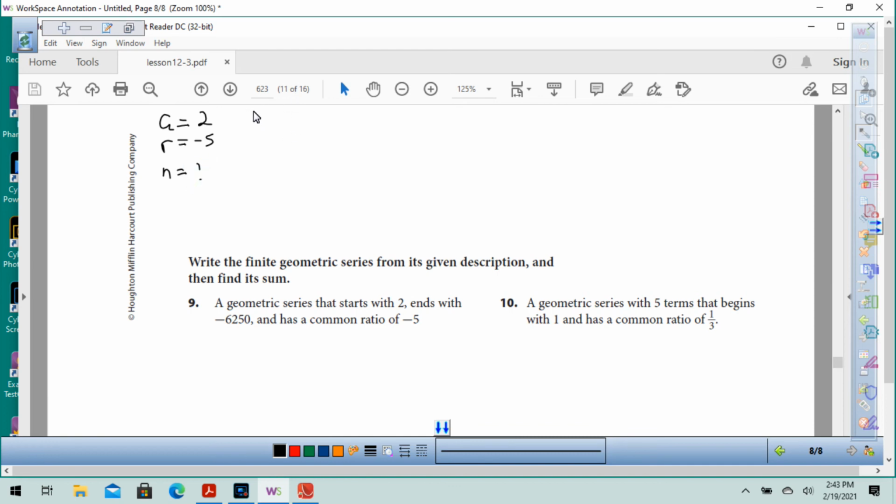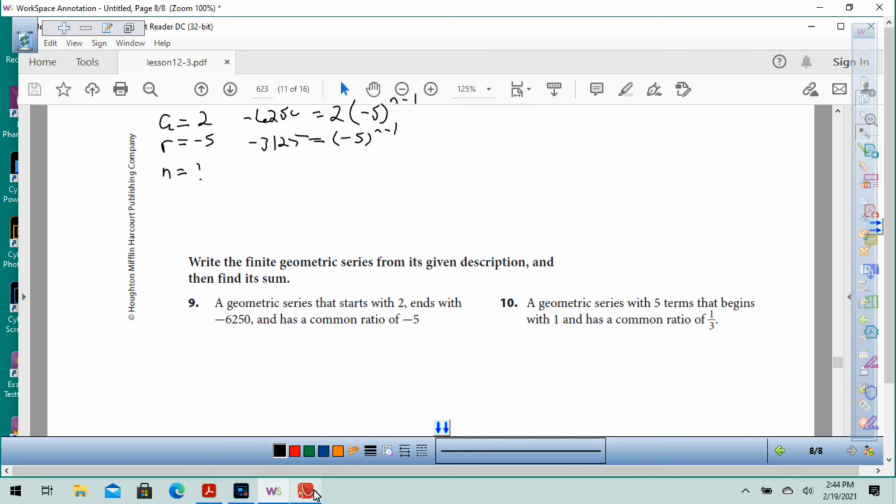So we've got negative 6,250 equals 2 times negative 5 to the n minus 1. Divide both sides by 2, and you get negative 3,125 equals negative 5 to the n minus 1.